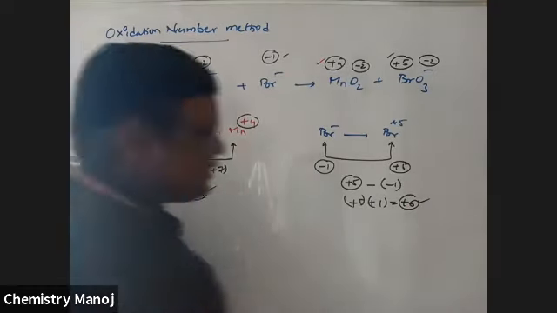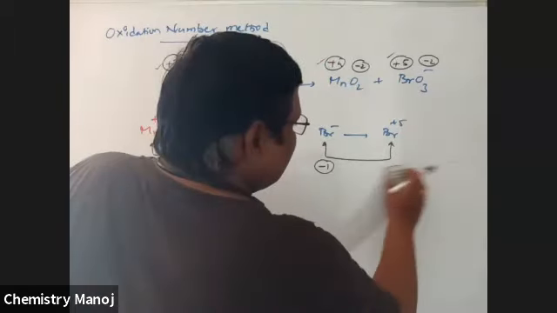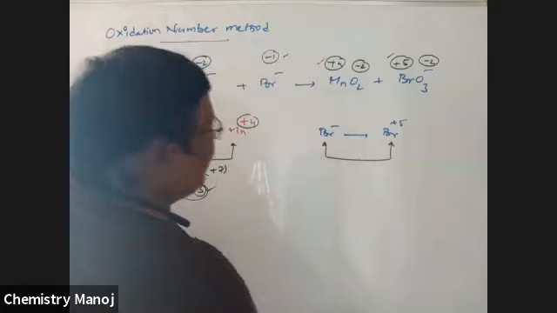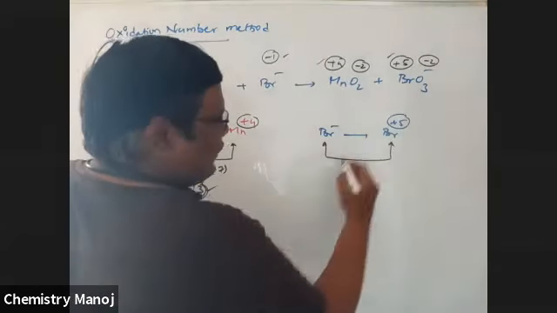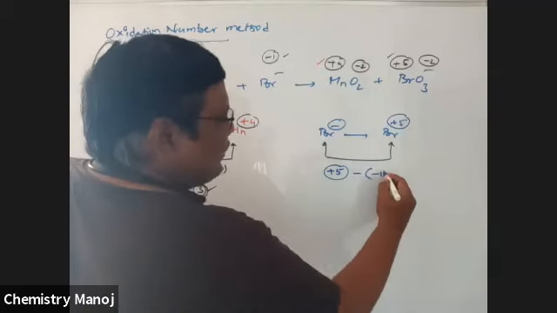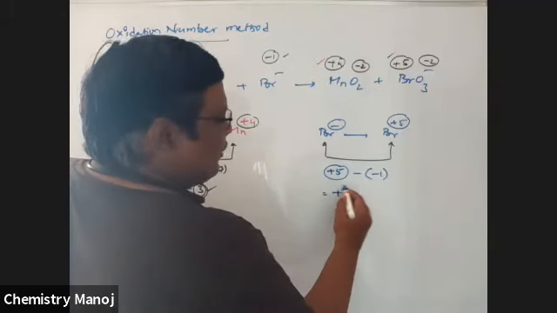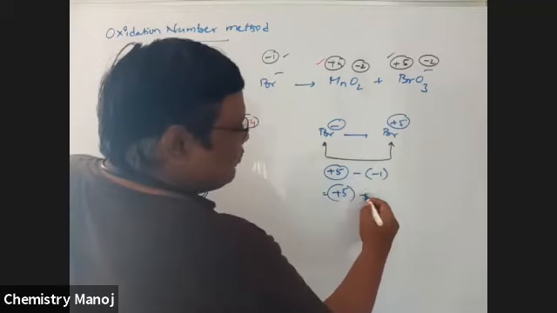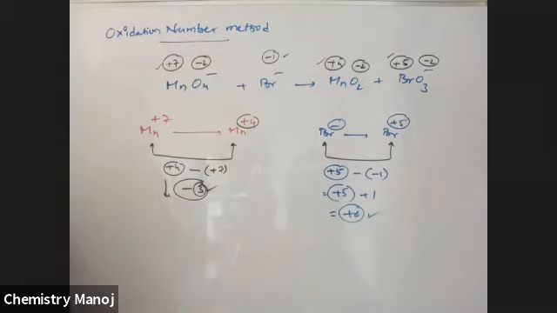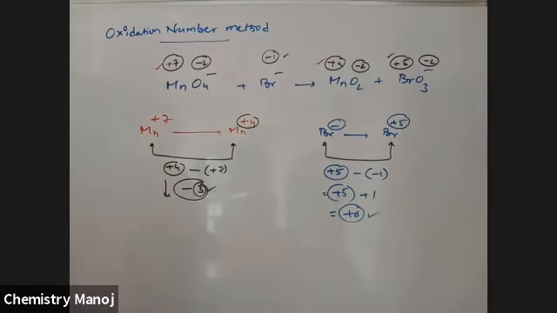My dear boys, check once again: product value minus reactant value, +5 minus (-1), that is +5 plus 1, so +6 is the answer. The difference is +6.